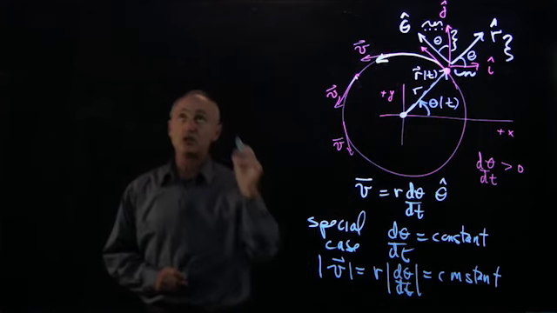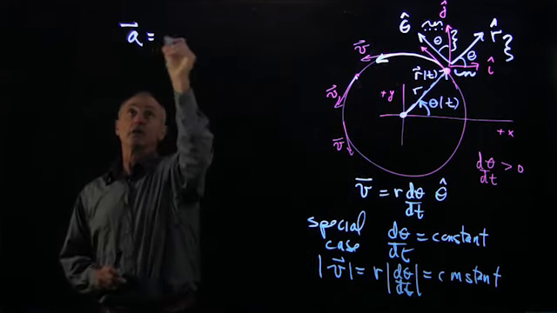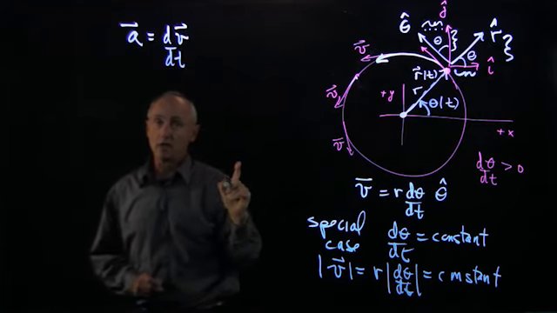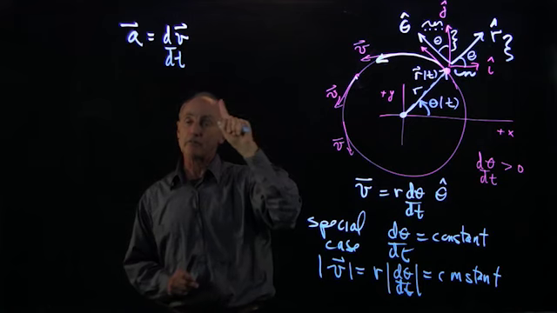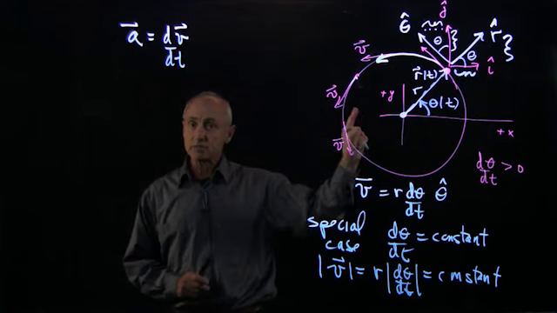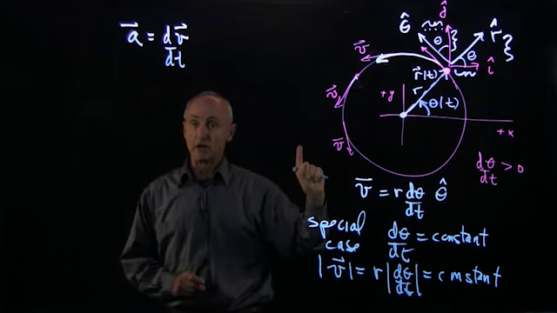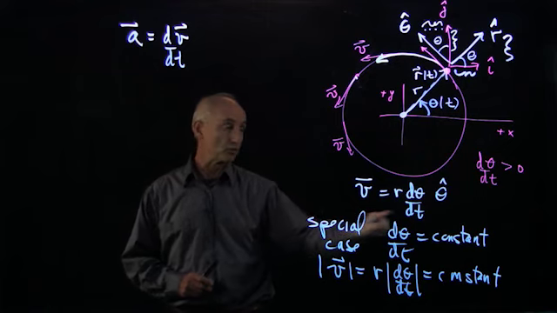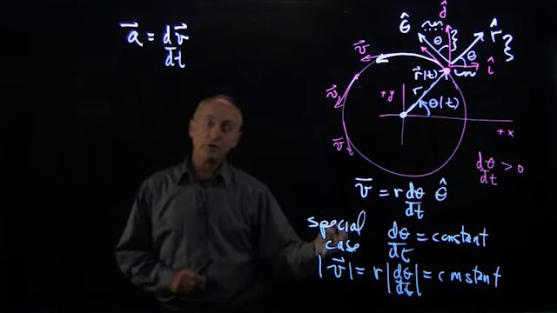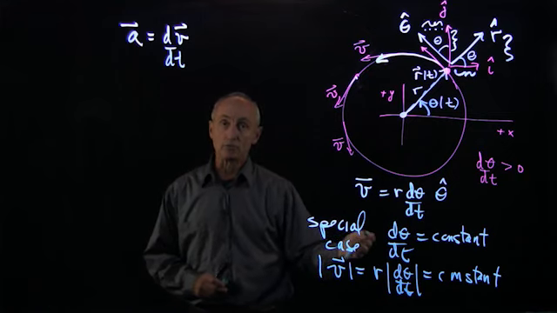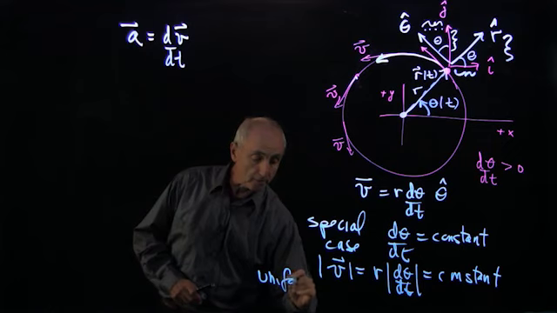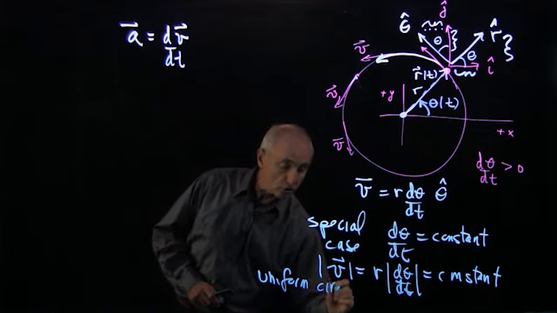And we know by definition that the acceleration is the derivative of velocity. And so what we see here is a vector that's constant in magnitude but changing direction. And we now want to calculate the derivative in this special case. We refer to this case as uniform circular motion. So this special case is often called uniform circular motion.